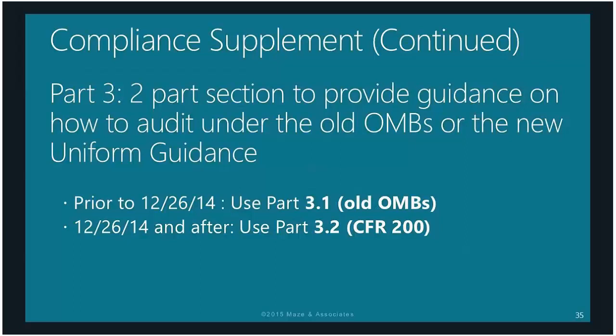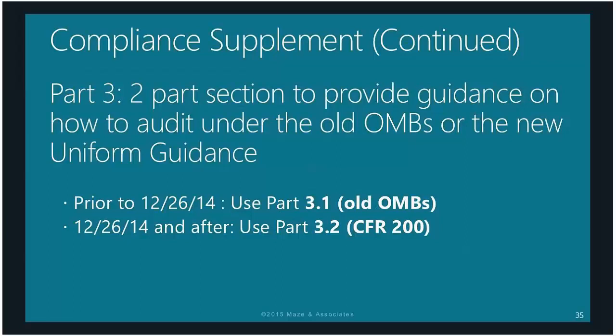So if you receive 2 grant agreements for a grant program, where one falls under the old and one falls under the new, the compliance supplement has information which allows you to understand how to audit under both rules, and that's under Part 3.